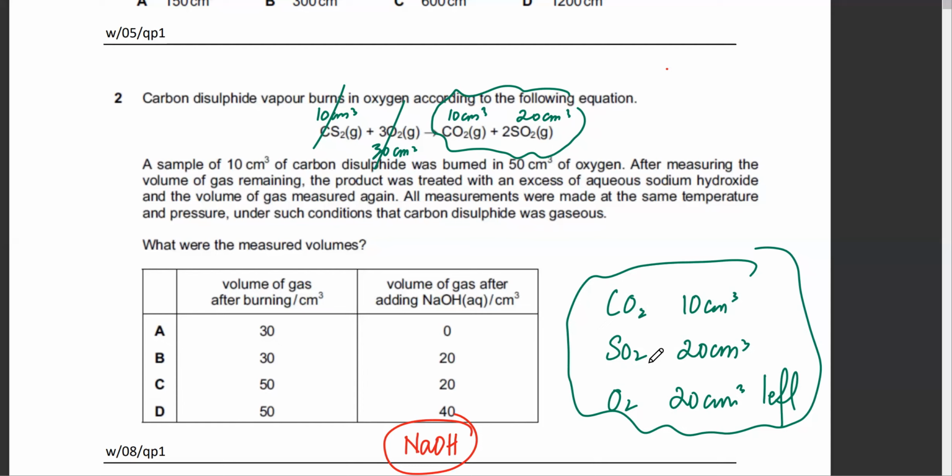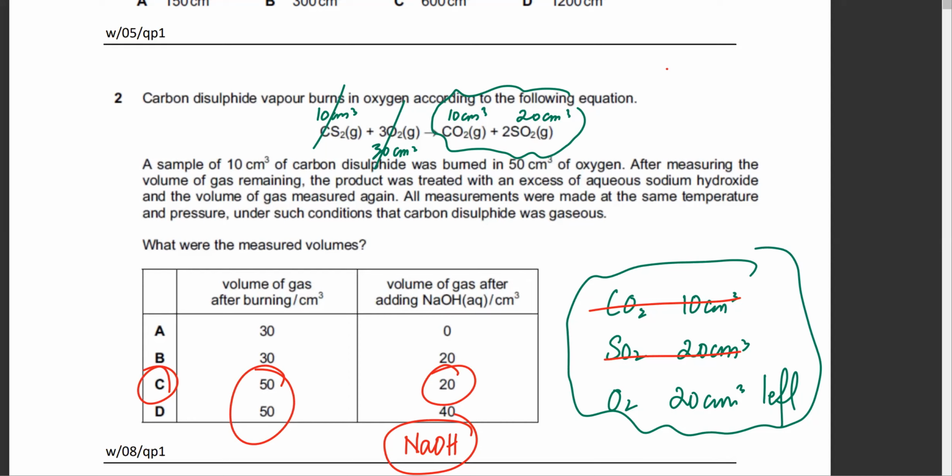So if you add NaOH, these two gases will be absorbed. The volume of gas after burning was 50, but once you pass it through NaOH, these two gases are absorbed, so what would be left would be 20. So it's going to be C. Is this clear as well?